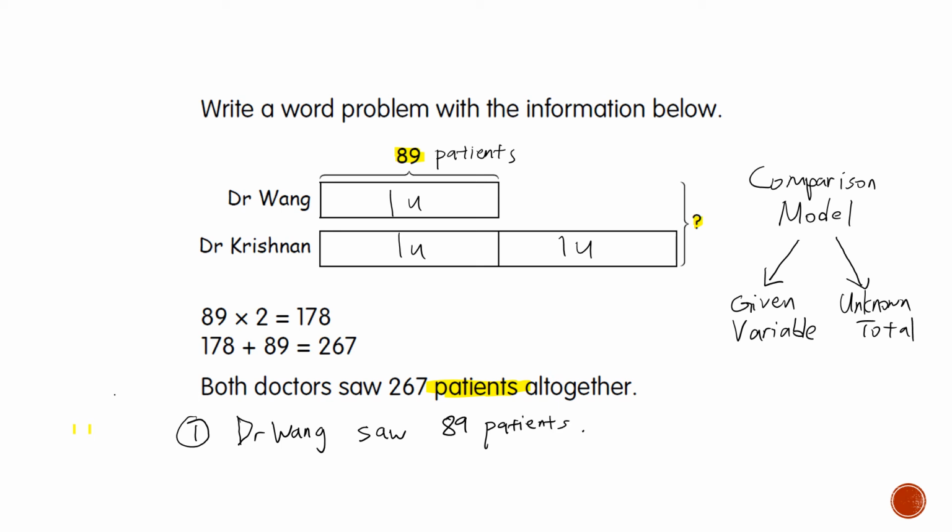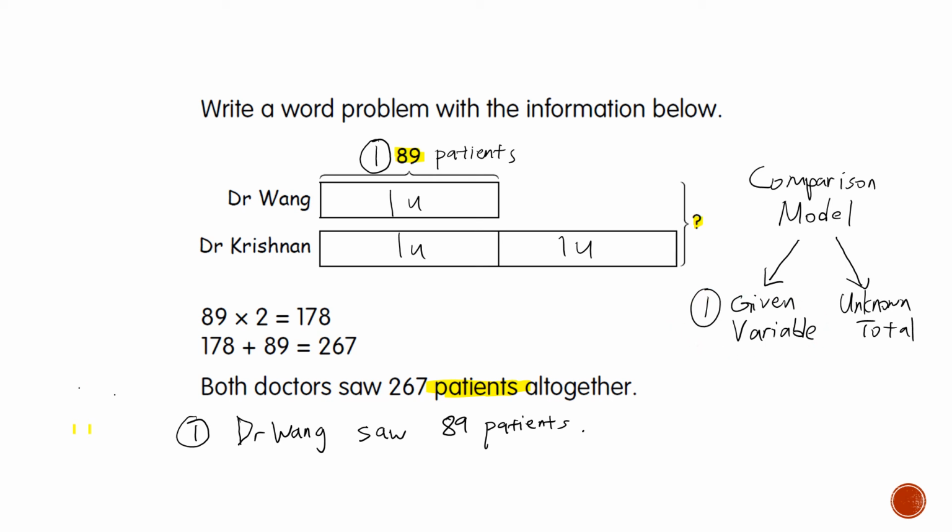We got this information from here. I'm going to label this as number one, because that's where we got the information from. So you see, watch. First sentence, Dr. Wang saw 89 patients. Where do we get this information from? From the model itself, there's a given variable. And this comparison model has a given variable also. So we have to make sure that this is mentioned in the question.